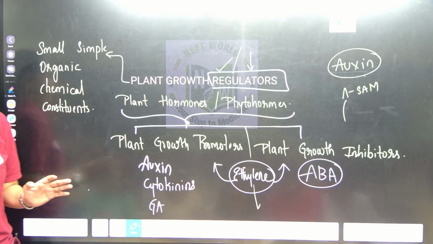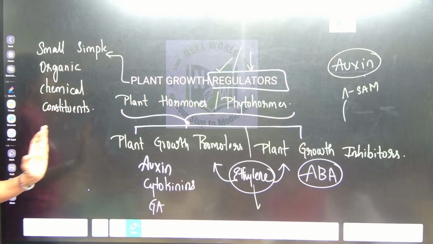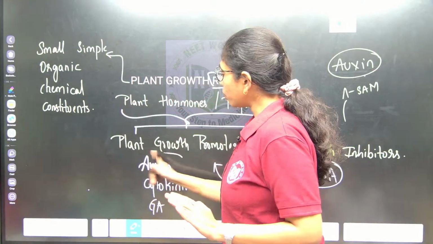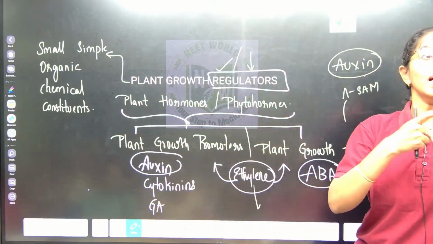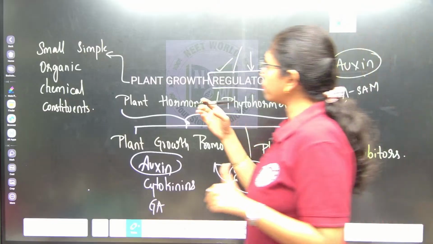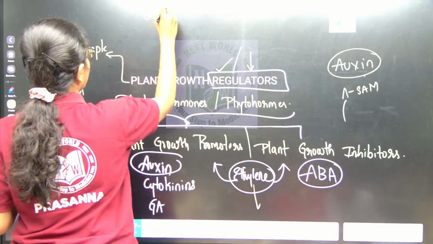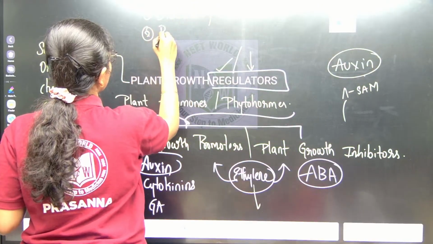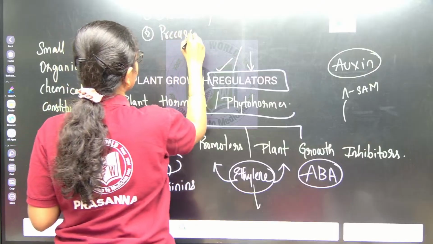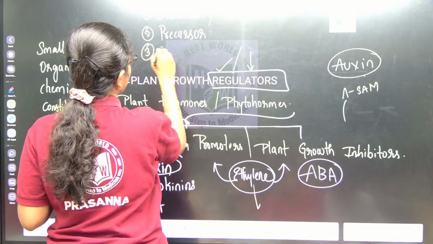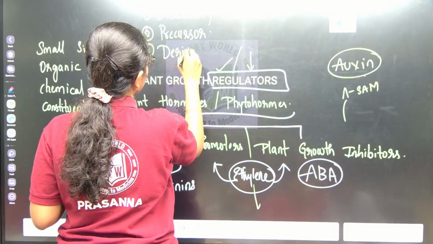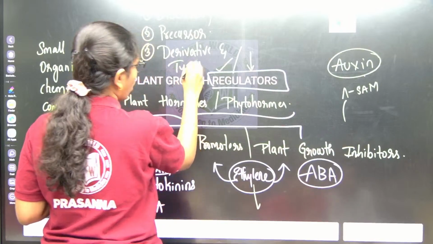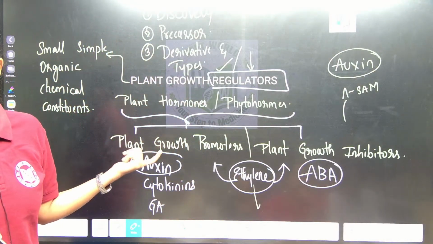Any doubts anywhere? Now, at this point you have to be clear on what you have to learn from phytohormones. With respect to each phytohormone, you have to be clear on the discovery. First thing is discovery. Second is precursor. Third, derivatives and types, or you can say classification of that particular phytohormone.